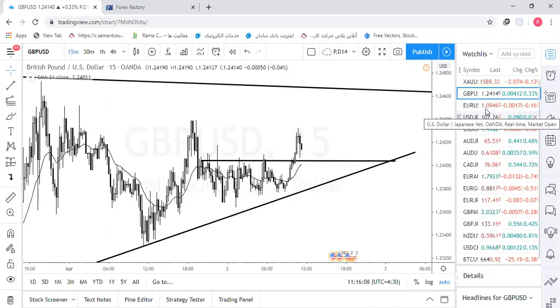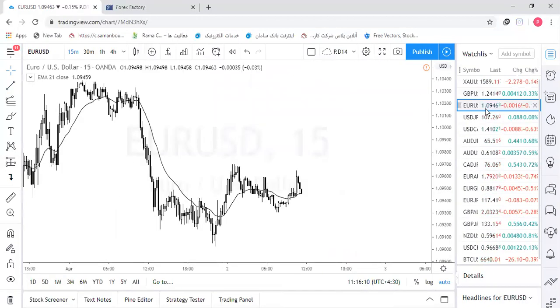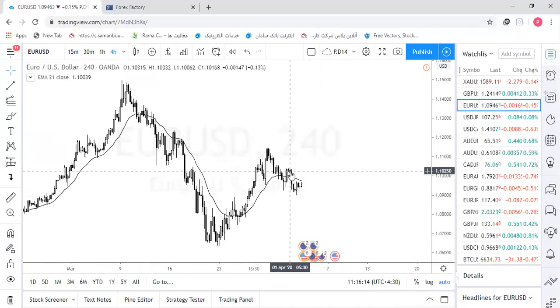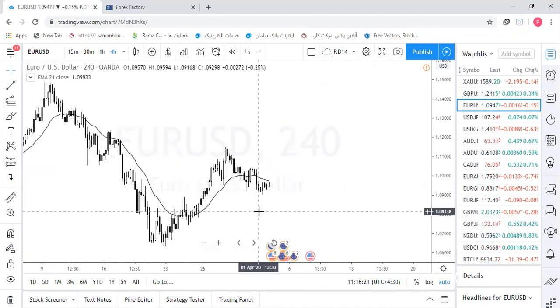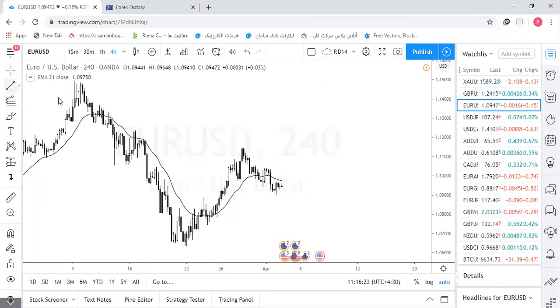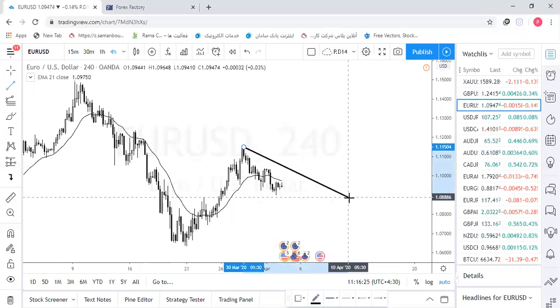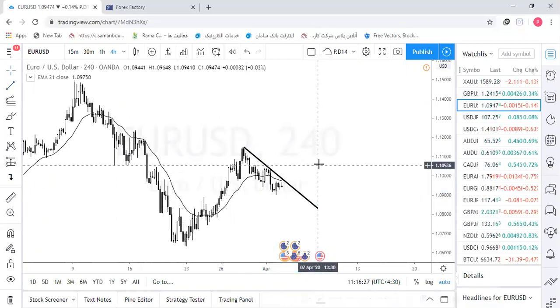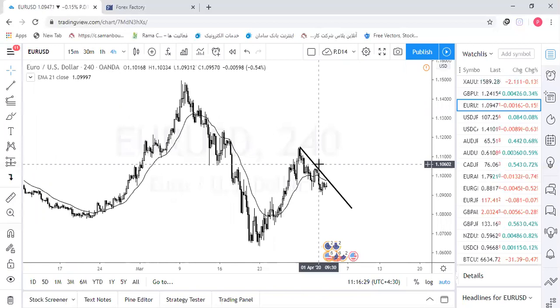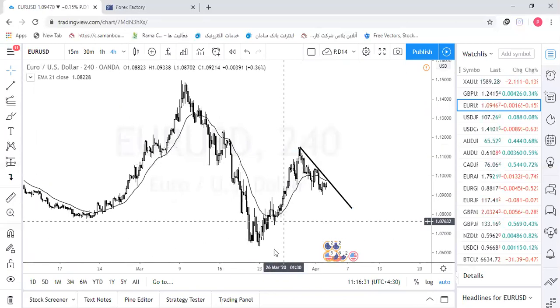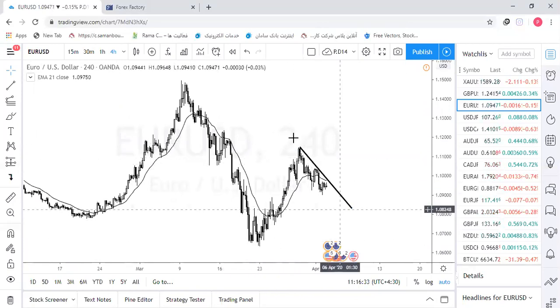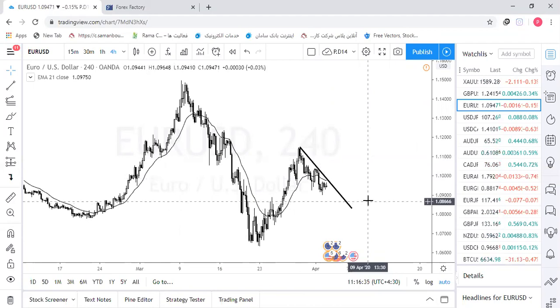Okay, anyway, EURUSD. We did not take the best sell in EURUSD from this area, but in my opinion, price is still bearish. And look, we have this line as a correction line because the last momentum was a bullish momentum, so it can be a corrective movement, okay?